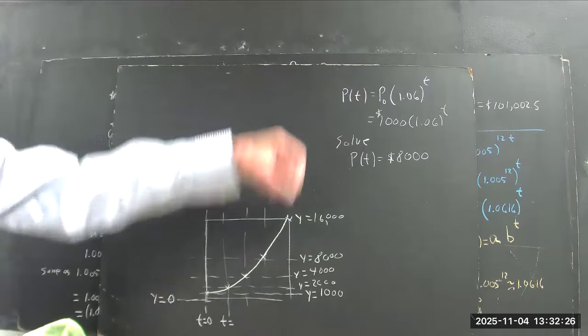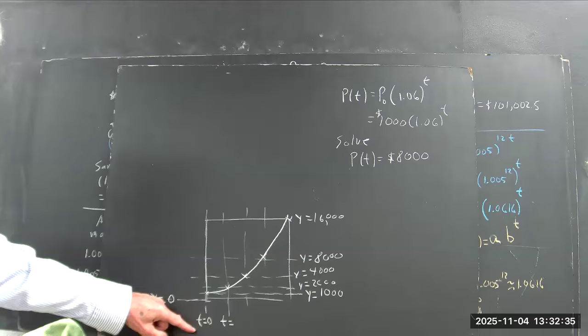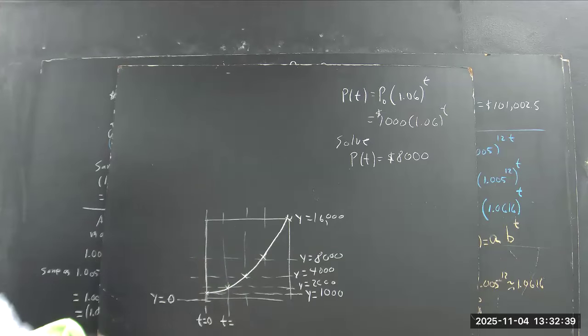So we can label the y's. Now, how long did I say it takes to double at 6%? About 12 years. So if t equals 0 here, and if the thing is doubled by the time you get here, t had better be 12, right?